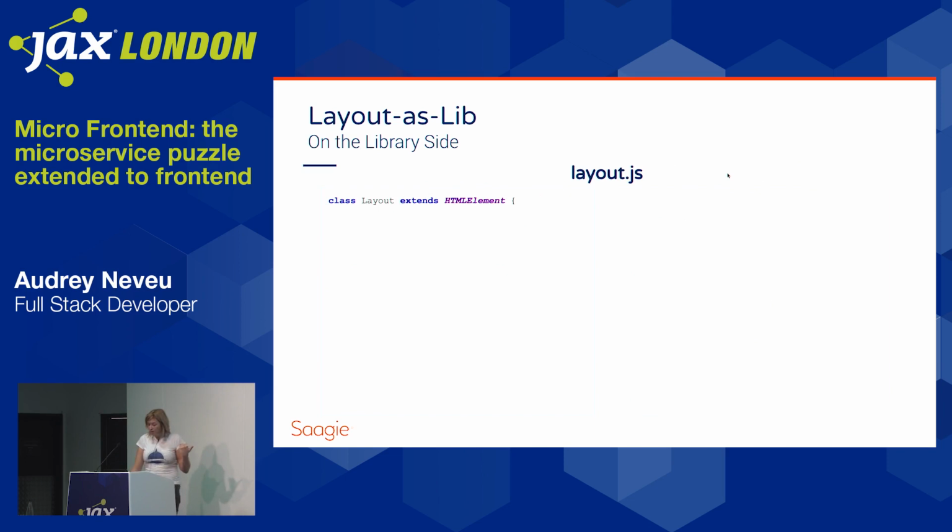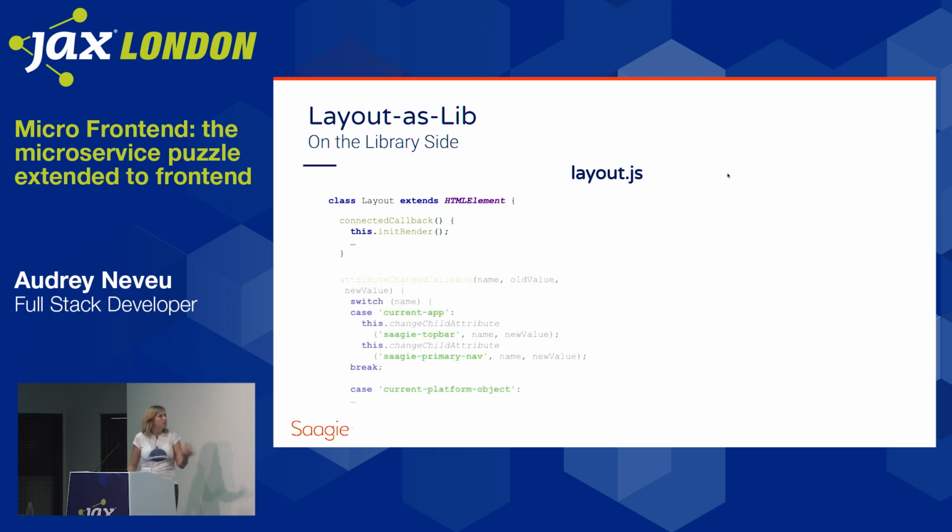And then you get the layout, which is the top component we've seen previously. So it's a classic web component, connected callback method, okay, etc. And the attribute change callback method, which is the one being called by the set platforms method, is going to look at which attribute has been updated, and in function of this attribute is going to update components that needed to be.